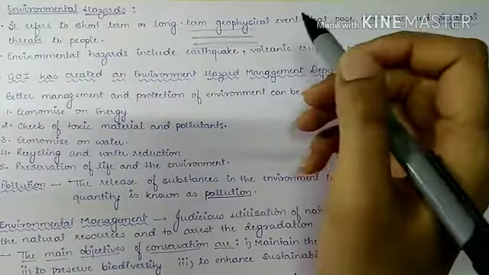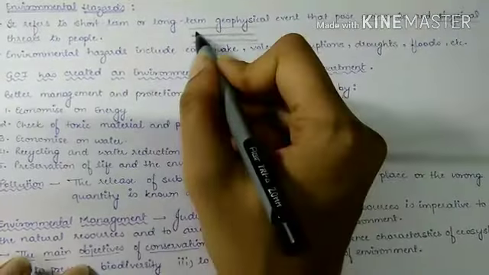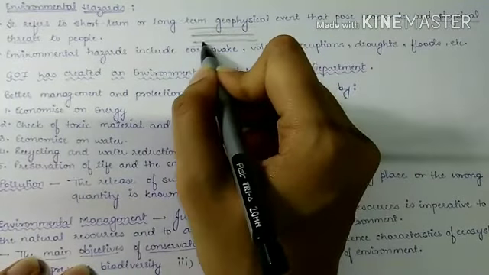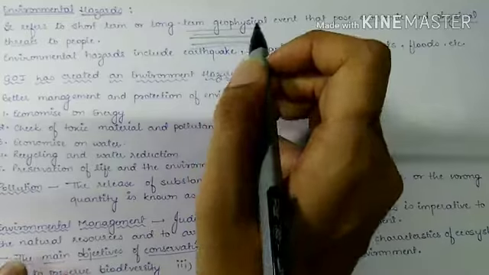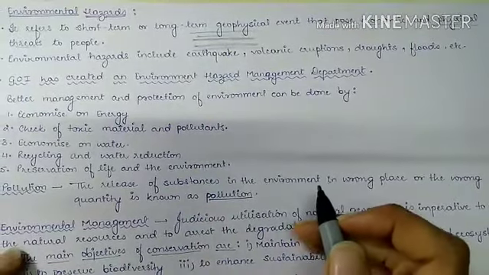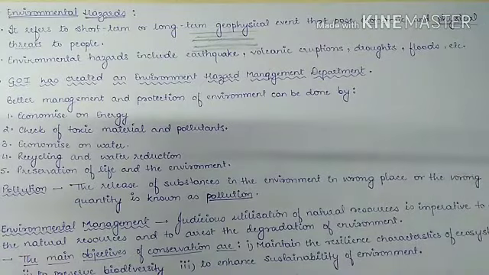Now because of the flood, the neighboring areas are affected. The shelters and properties are destroyed, and many human beings and animals die during this hazard. So this is how flood is influencing.